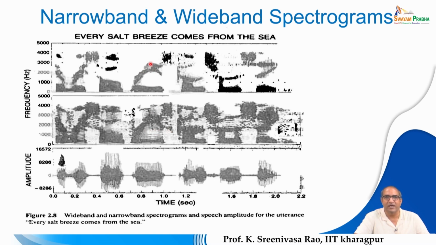These two spectrograms indicate almost similar information, but if you want more temporal resolution, to visualize the spectral details with respect to time, it is better to go with the wideband spectrogram. In the wideband spectrogram we take a smaller frame duration of about 10 milliseconds and shift the frame every 1 millisecond.